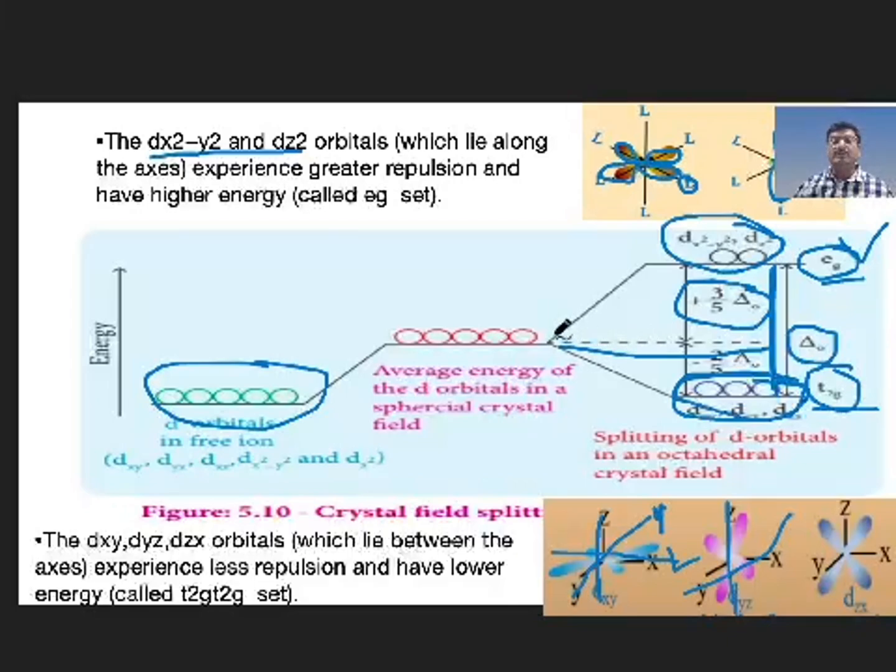This you have to remember in the octahedral splitting, that is, the Eg level and the T2g level. And this delta value, the energy difference between these two, depends upon the strength of the ligand. If it is a strong field ligand, the delta value is more, and if it is a weak field ligand, the delta value is less.